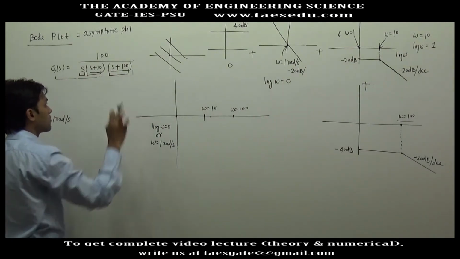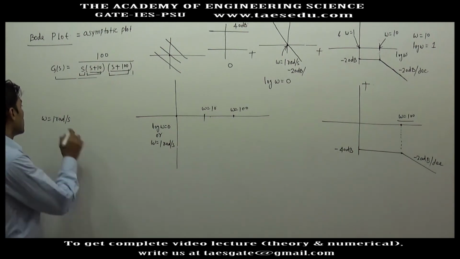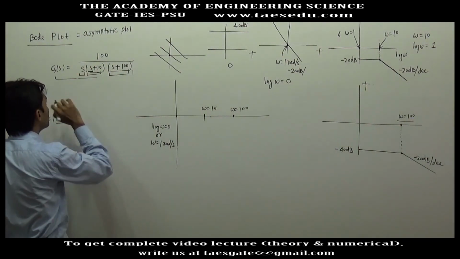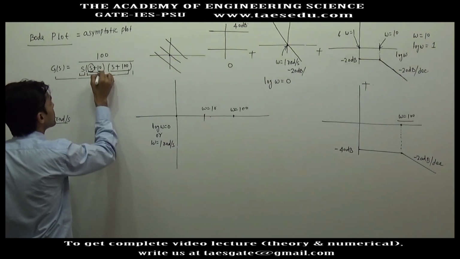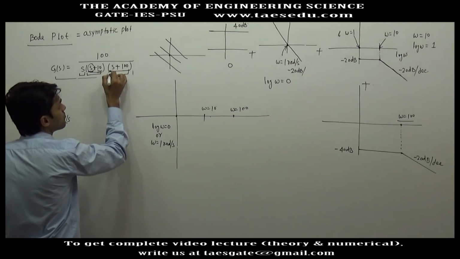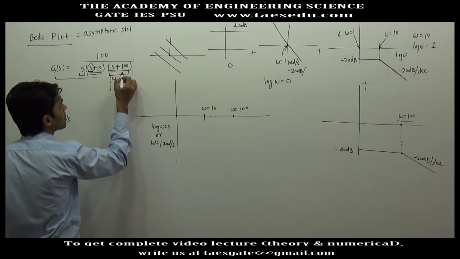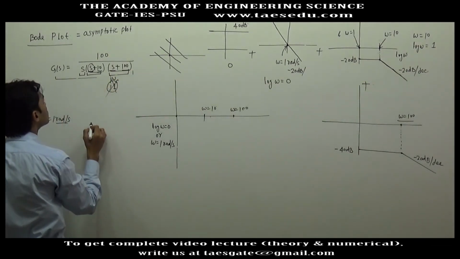The basis of approximation is that the quantity which is lesser will be neglected. So if you put omega equal to 1 radian, j omega means omega will be 1, so this quantity will be neglected and you will get 10 only. Here this is j omega, this is j1, and here you have 100, so this will be neglected.